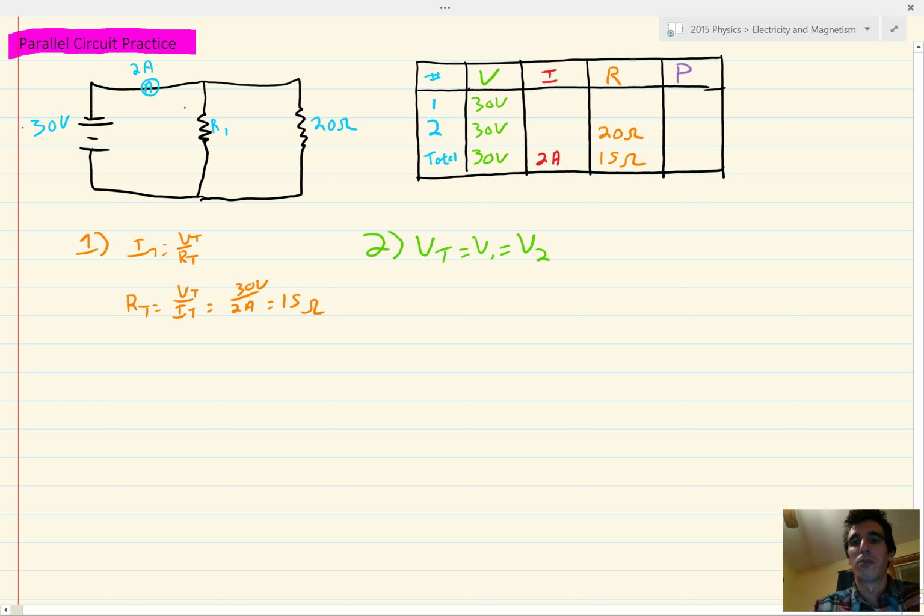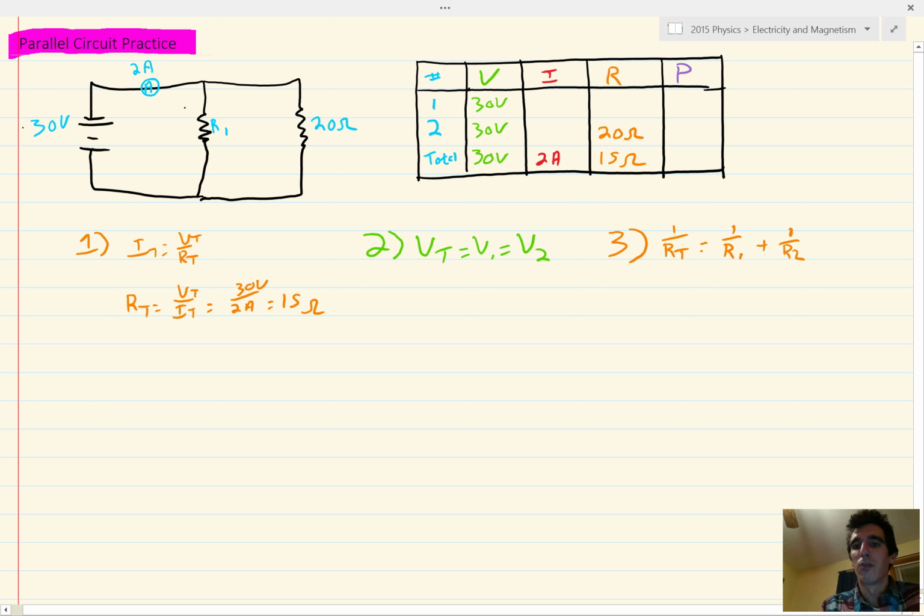Let's go back to the resistance. We know R total and we know R2, and we want to find R1. So we'll look at properties of a parallel circuit, and we have 1 over R total, or the equivalent resistance, is equal to 1 over R1 plus 1 over R2.